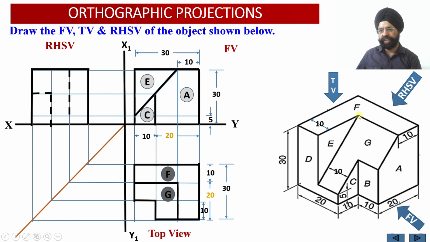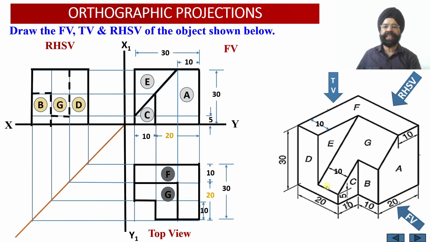Why? Because this inclined edge is to be drawn starting from the top, and it will be ending at a surface 5 millimeter above the base. So that is why we have ended this over here, and then from here this particular edge of the surface B has to be drawn, which will again be drawn dotted. So please check. This edge has been drawn dotted over here, right? So this completes the side view.